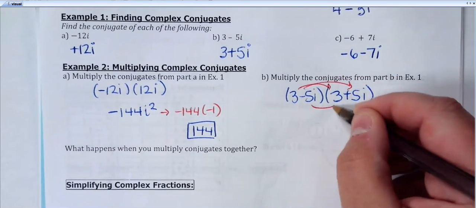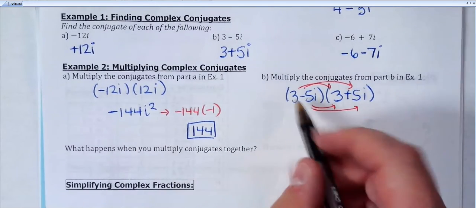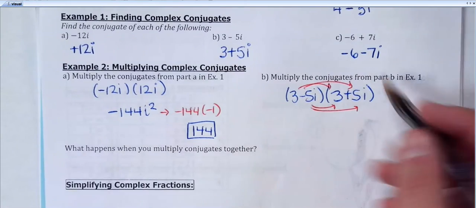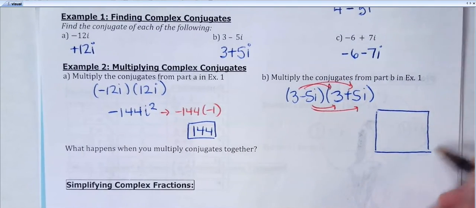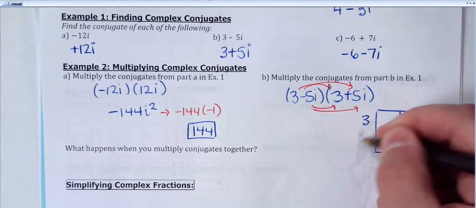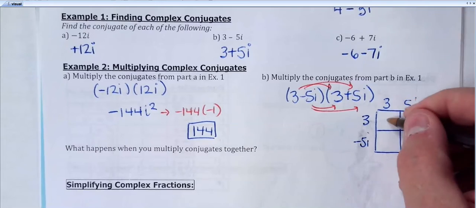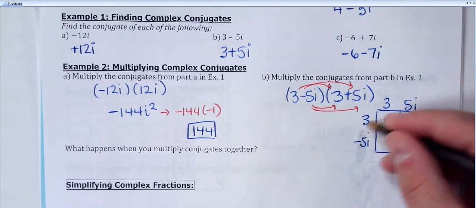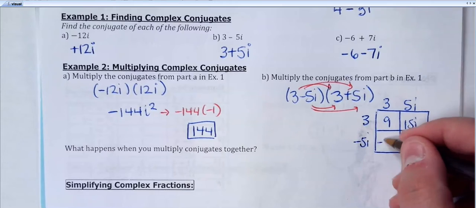So, little FOIL or box, whatever your favorite is. Actually, you know what, I'm going to draw a little box on this just to help me organize it a little bit better. So just one of them's 3 minus 5i, one of them's 3 plus 5i. So this would give me 9. You'd get 3 times 5i is 15i. 3 times -5i is -15i.